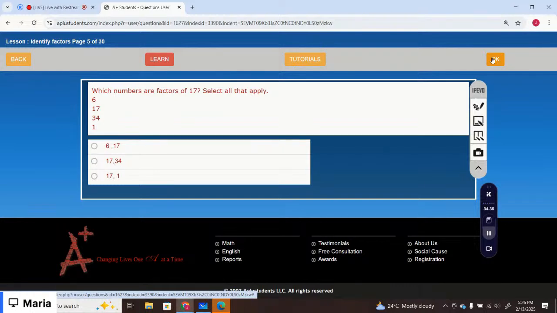Which is the correct option? 17 is a prime number. So the only two factors of 17 are 17 and 1.